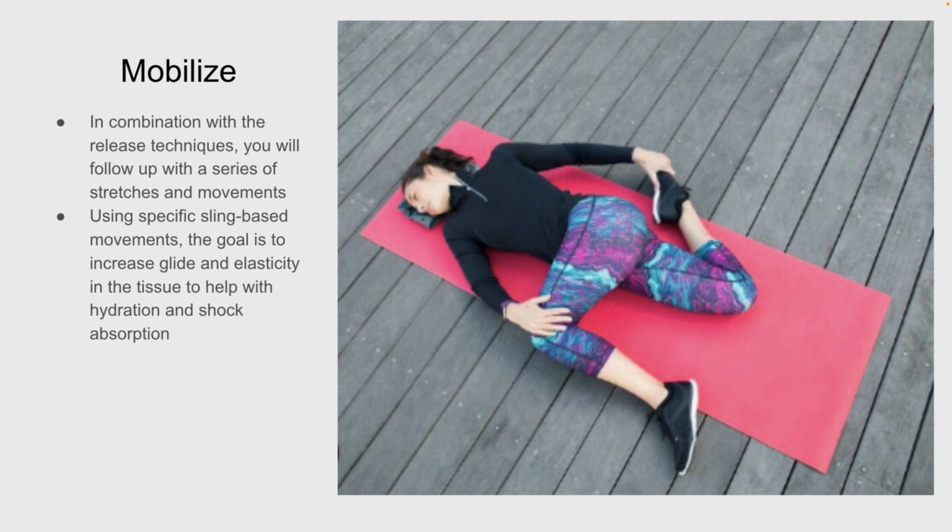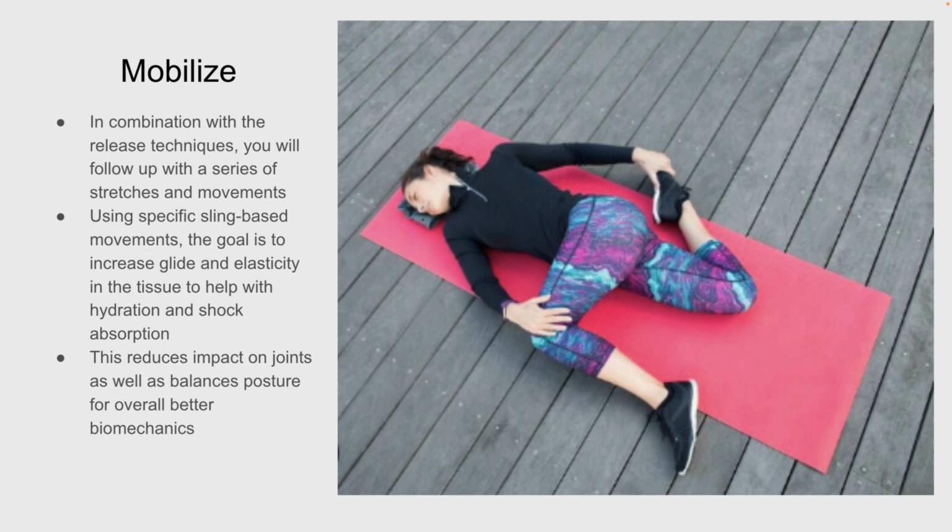I'm simply giving you a process for you to integrate into your system and find what works best for you. This is going to help to increase glide and elasticity in the tissue and help with hydration and shock absorption in that particular area. The longer the tissue is, the more shock it can absorb and the more energy it can be loaded with. This reduces impact on joints as well as balances posture for overall better biomechanics.